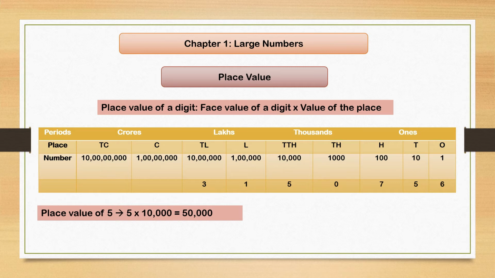What will be the place value of 5? We will multiply the face value by the value of the place where 5 is present. So face value of 5 is 5, and we can see that 5 is placed at 10,000's place in the place value chart. So we will multiply 5 into 10,000. That gives us 50,000. So place value of 5 is 50,000.